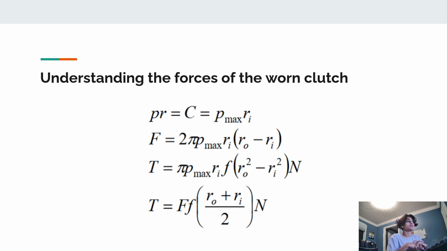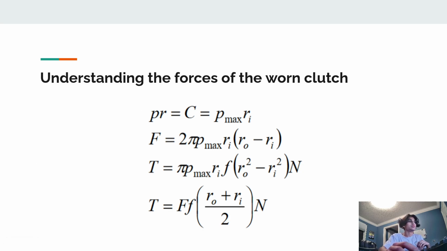So here are the factors for worn clutches. So we have P R equals C, which is equal to P max. Then we have F is equal to 2 pi P max Ri times (Ro minus Ri).